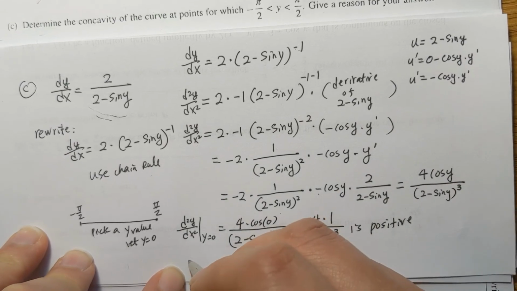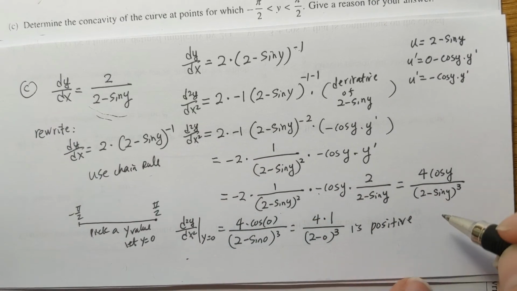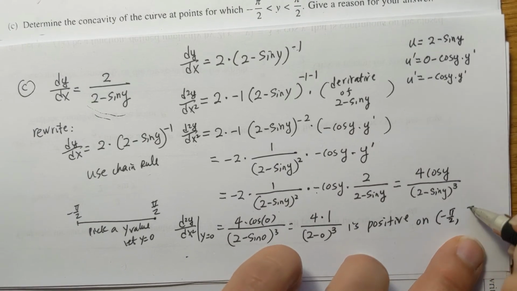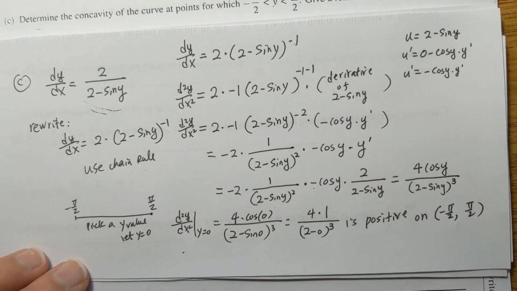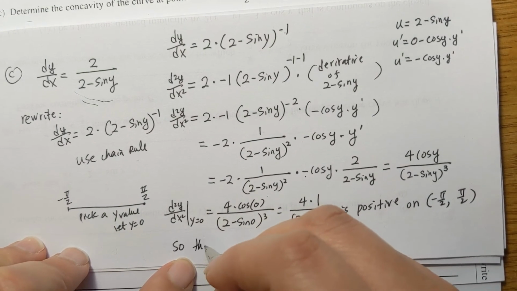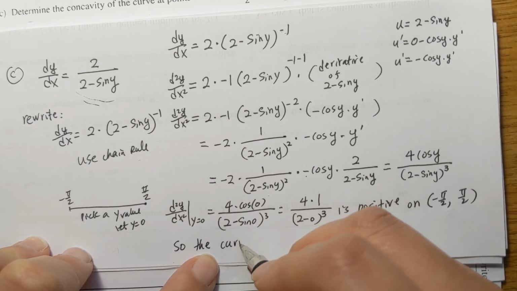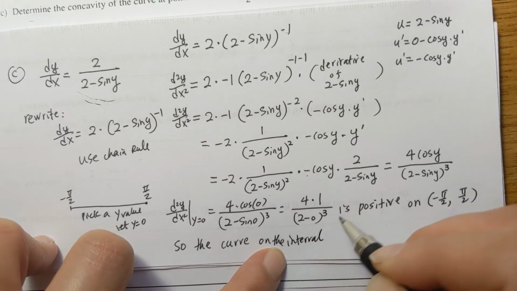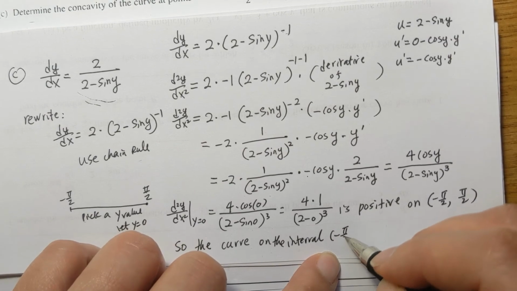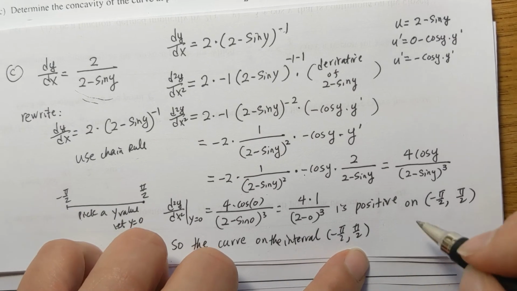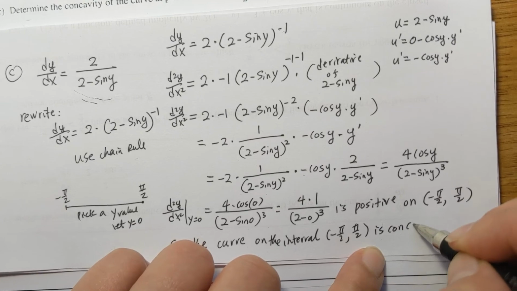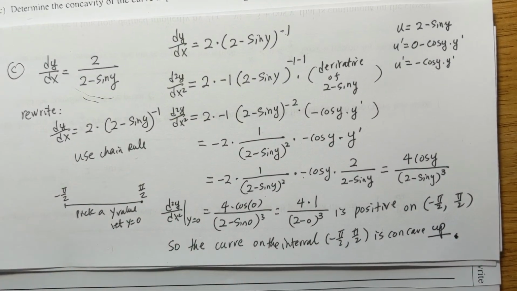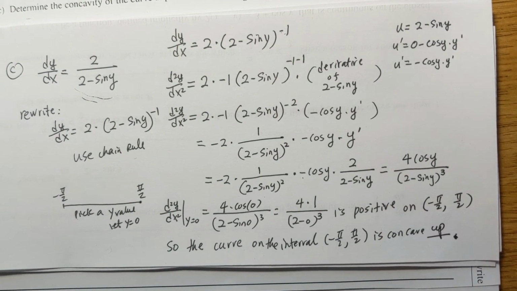Okay, so the curve on the interval is concave up because positive.